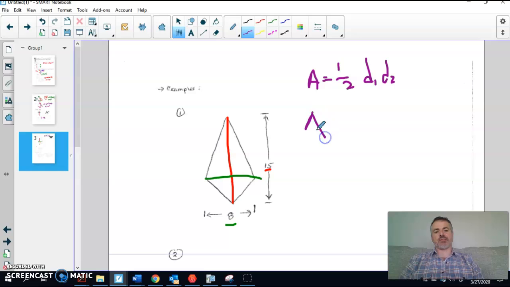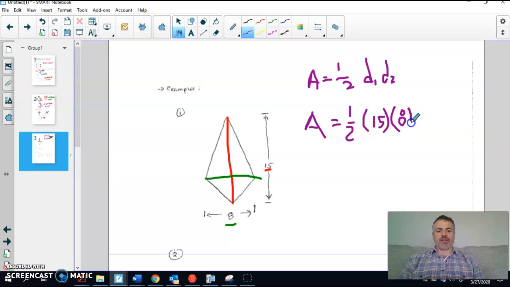So if I plug in the measurements that I have here, area is equal to 1/2, and then I just insert my measurements of my diagonals, which is going to be 15 times 8. So I would just plug it in the calculator like that.